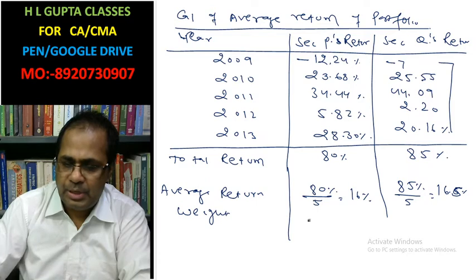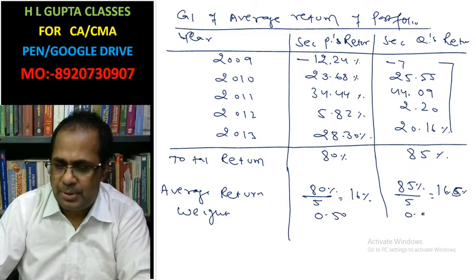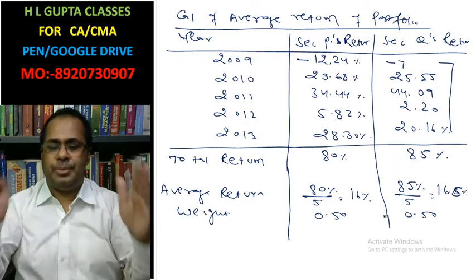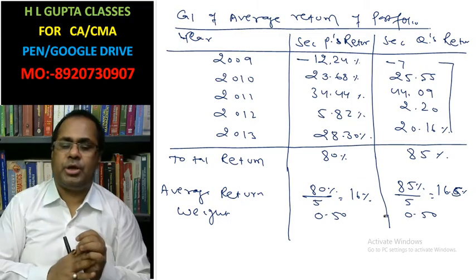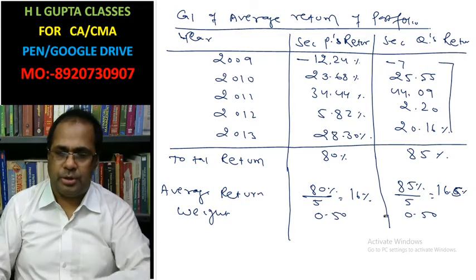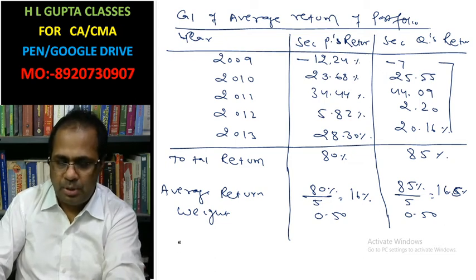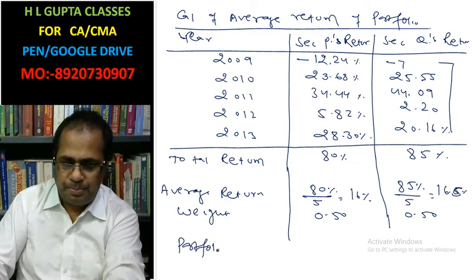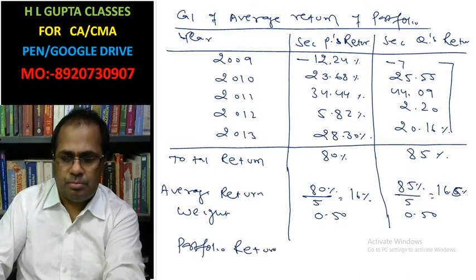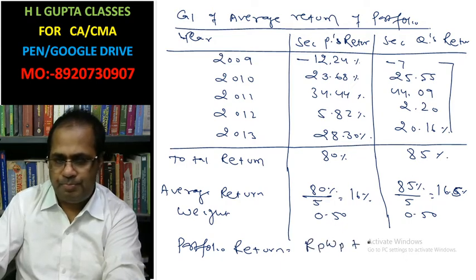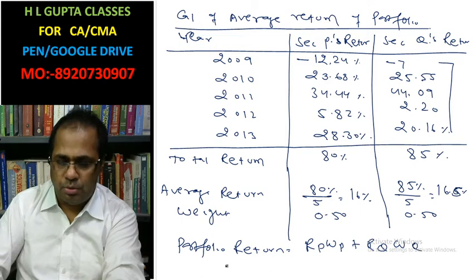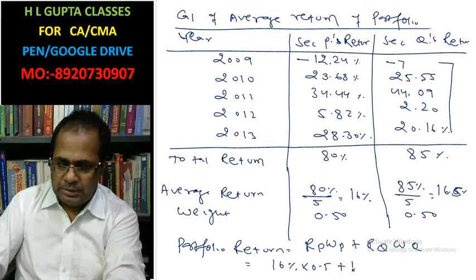Now the weights are given here: 0.5 and 0.5. If someone has invested 50% in security P and 50% in security Q, then what will be his portfolio return? Portfolio return is the return of P times the weight of P, plus the return of Q times the weight of Q. The return of P is 16% into 0.5, and 16.5% into 0.5.